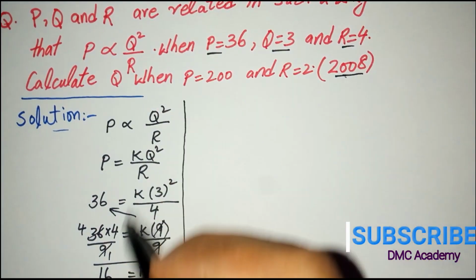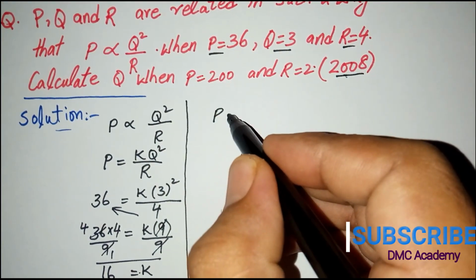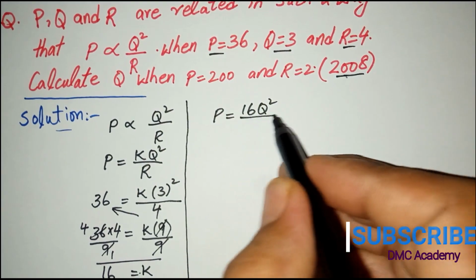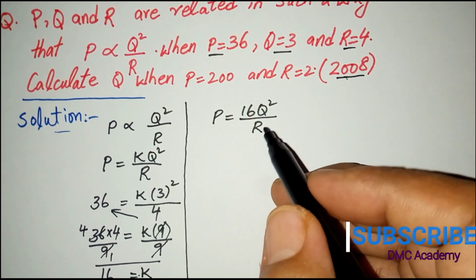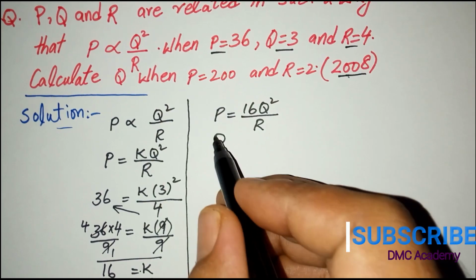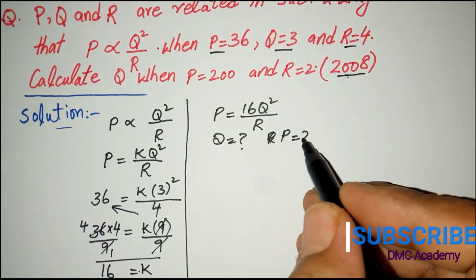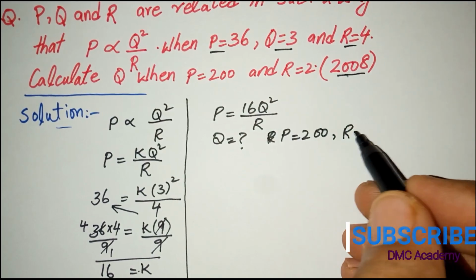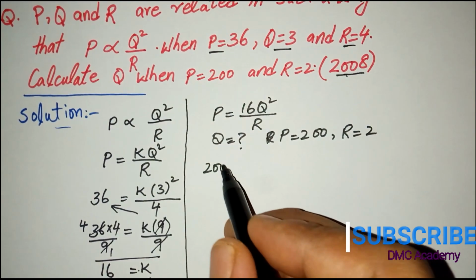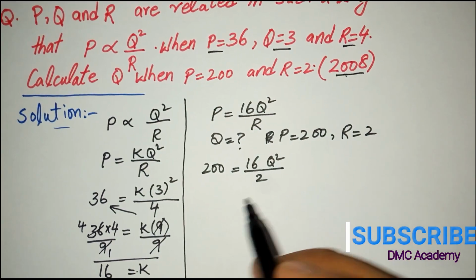The next part is we have to put the value of k in this expression. So P equals 16 Q square divided by R. Here they said calculate Q when P is 200 and R is 2. So 200 equals 16 Q square divided by 2.